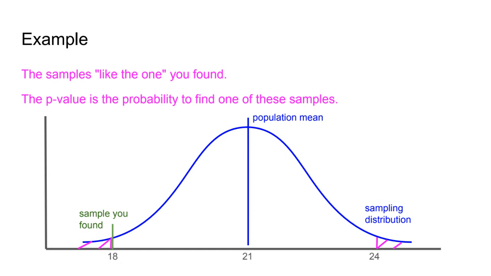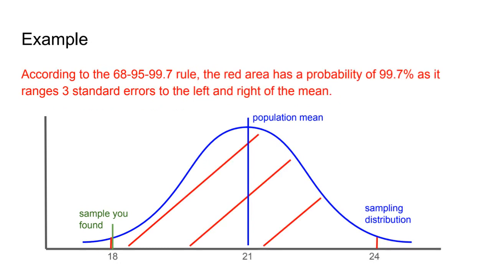So it's the samples that are 18 or lower, or 24 or higher. And the p-value is the probability to find one of these samples, right? One of these samples in the pink area. Now, how do I find out what this probability is? Well, we can use our old friend, the 68, 95, 99.7 rule in this case, and we use it to determine the red area, right?